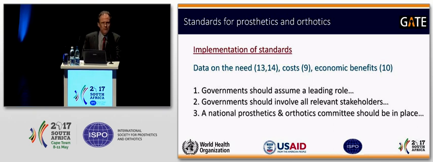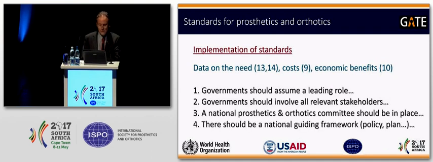And if they have come that far, standard number 3 would also be within reach for them to establish a prosthetics and orthotics committee where coordination of this work between the stakeholders can take place. And then number 4, within that committee, they can develop a national guiding framework, the policies and plans, as I mentioned earlier.